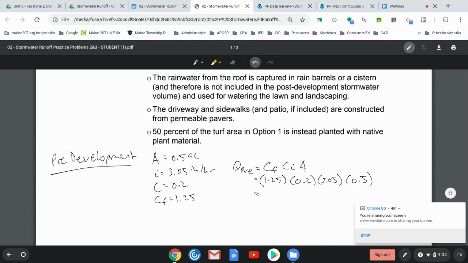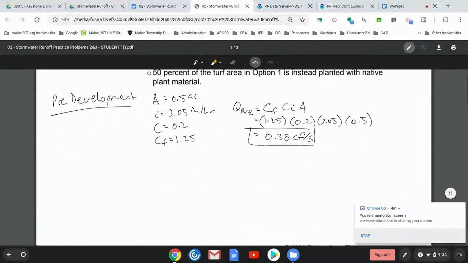You do that multiplication, and you get approximately 0.38 cubic feet per second. So that's our pre-development number.